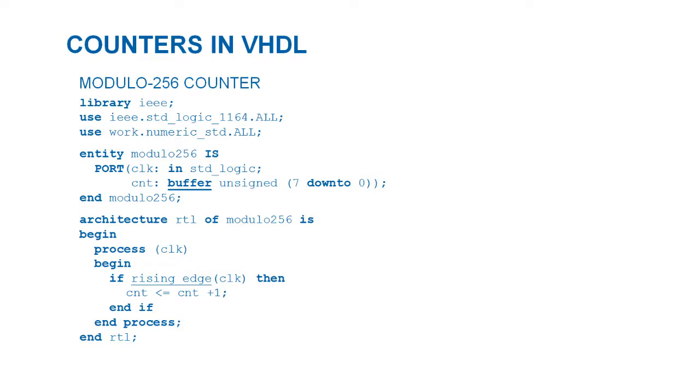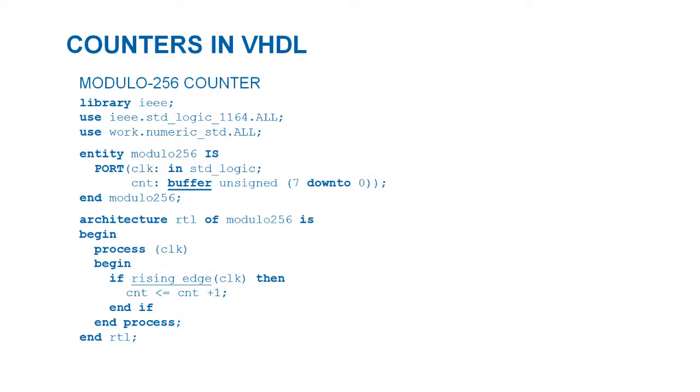So for example, if you have a modulo 256 counter like this, and you know from basic bits and logic level that you have 8 bits to be able to count between 0 and 255 and back to 0 again automatically.